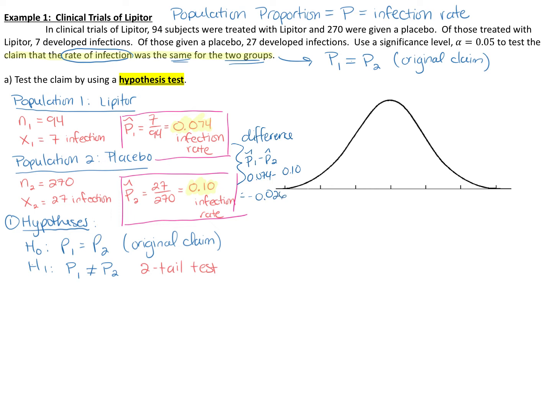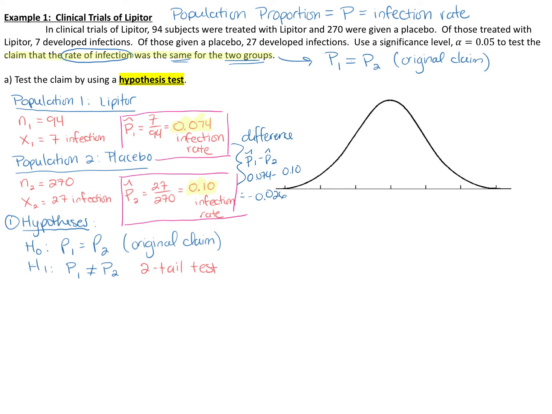So again, we do see that there is a difference in the two infection rates. But the bigger question that we always want to ask in statistics is: is this difference statistically significant? Is the difference large enough for us to say that the infection rate actually is not the same for these two groups?